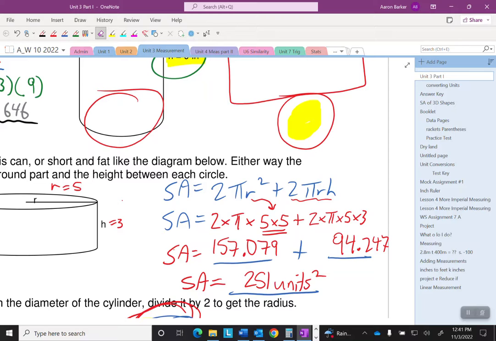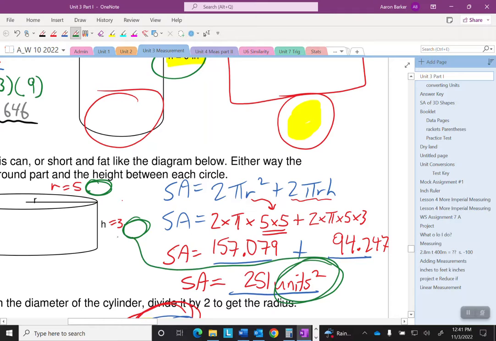Like I said, Mr. Barker's not going to be too crazy about the rounding. How come I wrote down units squared? What does that mean? Tyson? Yeah, I just wrote down a 5 and a 3. Okay, because I just wrote down a 5 and a 3 and didn't say whether it's meters or centimeters, you just write down units squared. Okay? All right. Questions, comments, or concerns?